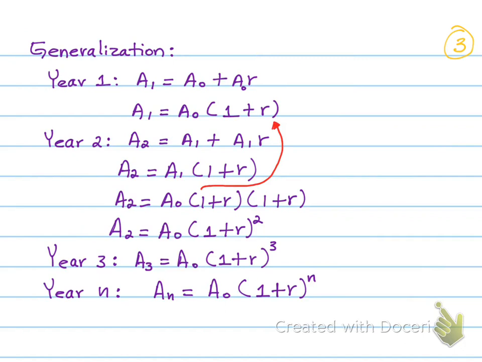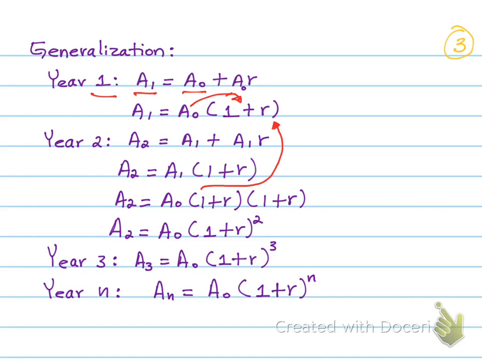So in the first year, the amount at the end of the year will be A0 plus A0 times R. We factor out A0, so we get A0 times 1 plus R. And that's the formula for the first year.